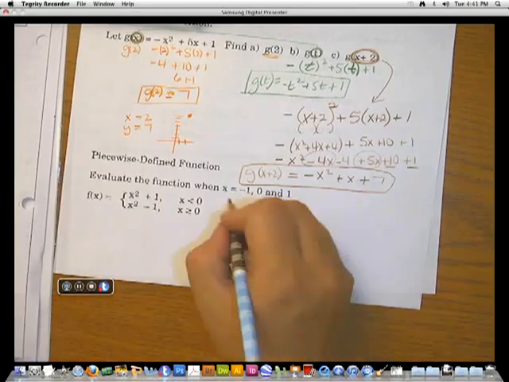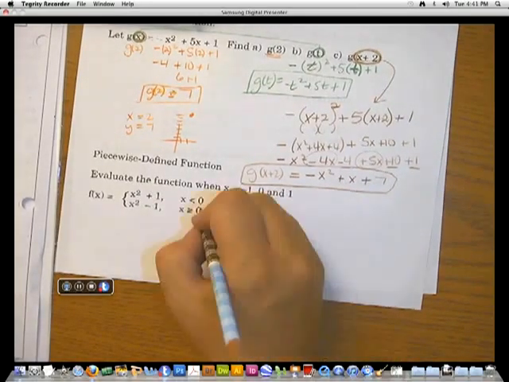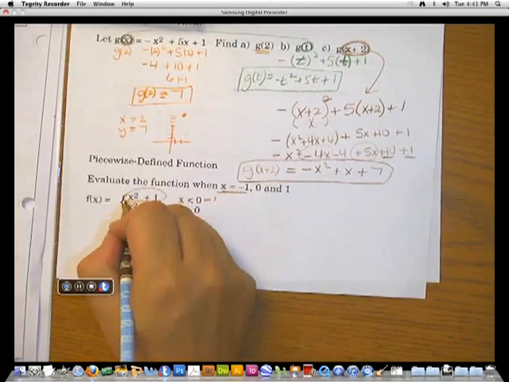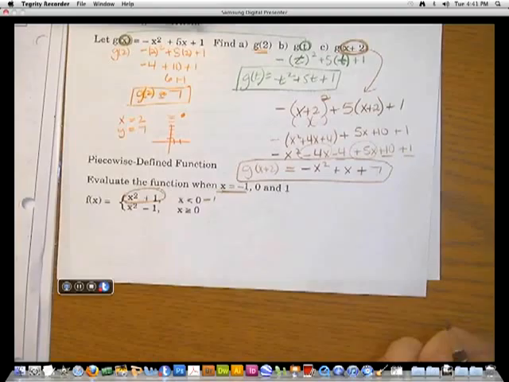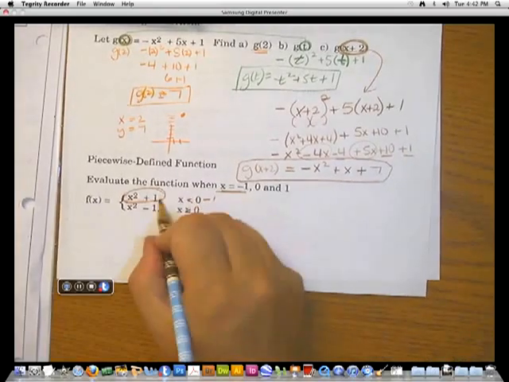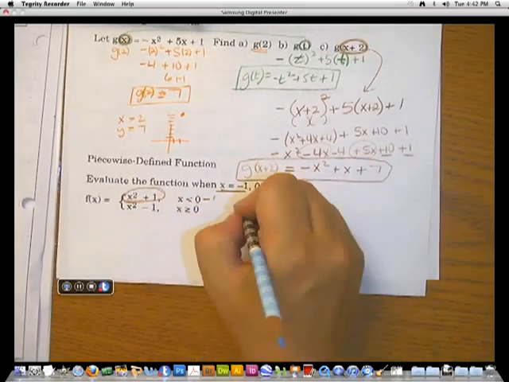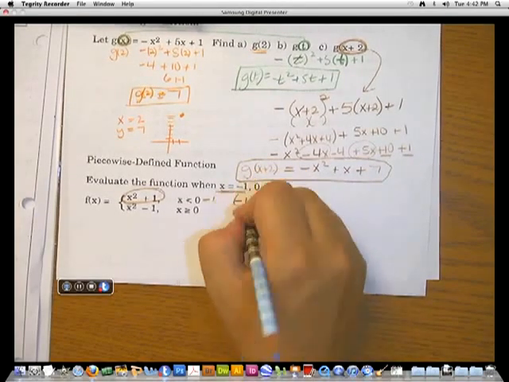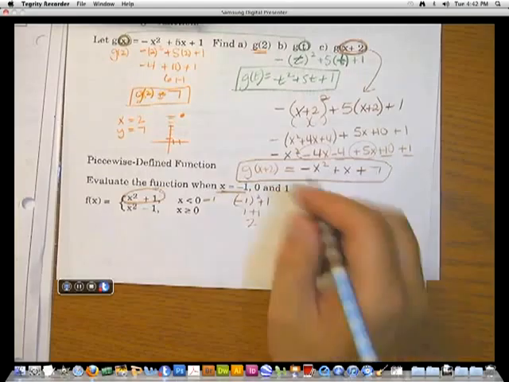So when I'm saying x is negative 1, well, that's less than 0, so I'm going to be using only the top function to substitute into. So I get 1 plus 1 is 2.